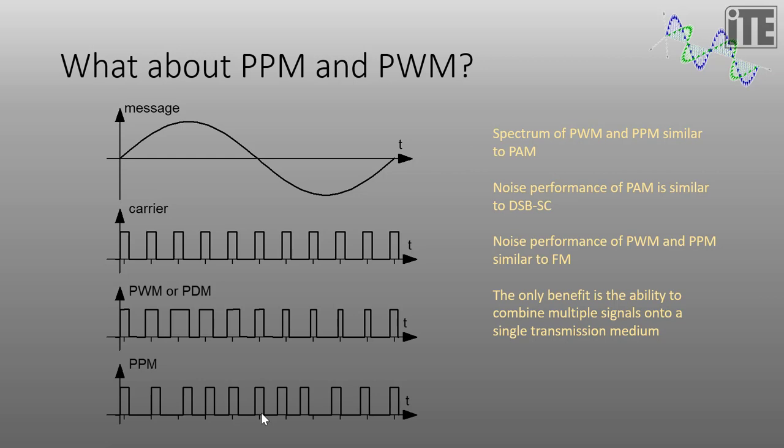The noise performance of PAM is similar to double sideband suppressed carrier that we saw earlier. And the noise performance of pulse width modulation and pulse position modulation is similar to FM. So the only benefit that we get with pulse analog modulation is the ability to combine multiple signals onto a single transmission medium.